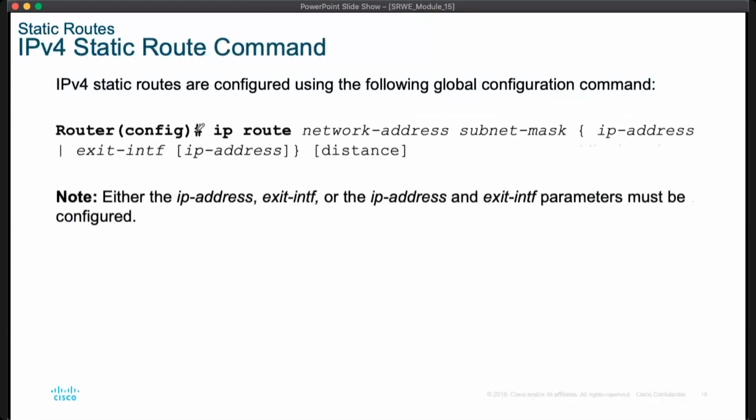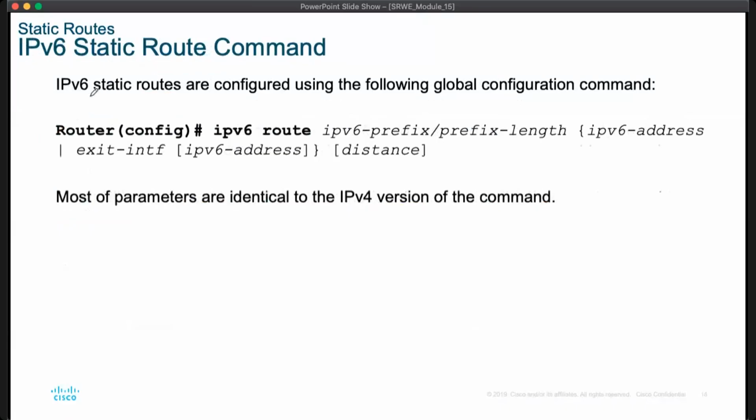IPv4 static route command. Static routes are configured using the following global configuration command. Either the next hop IP address or the exit interface parameter, or both, must be configured.